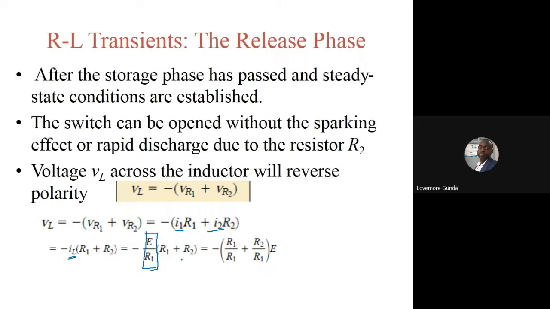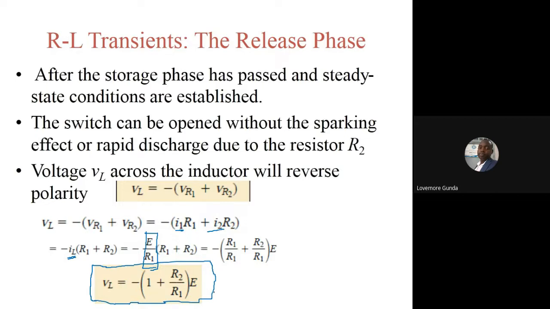So if you rewrite this, you put this over R1, this over R1, you find out that VL becomes equal to minus 1 plus R2 over R1 times E. So that will be the initial voltage across the inductor.